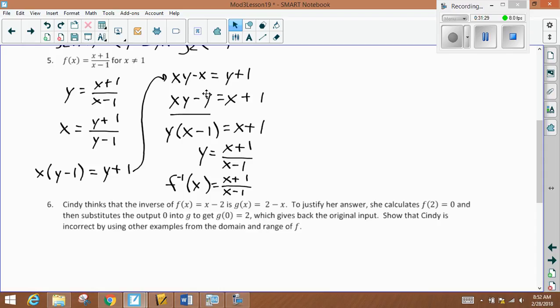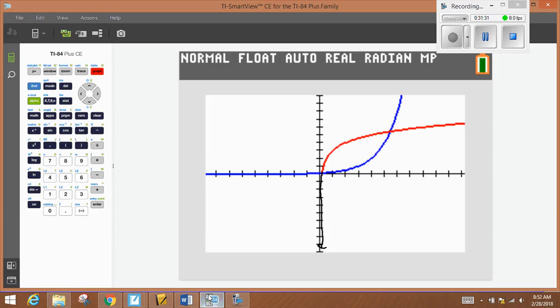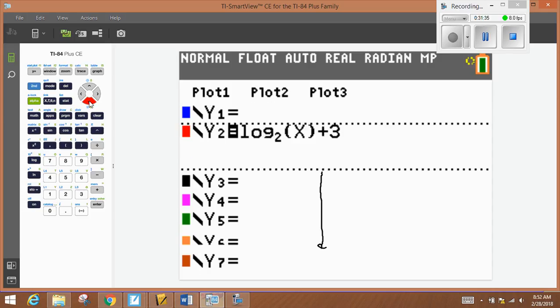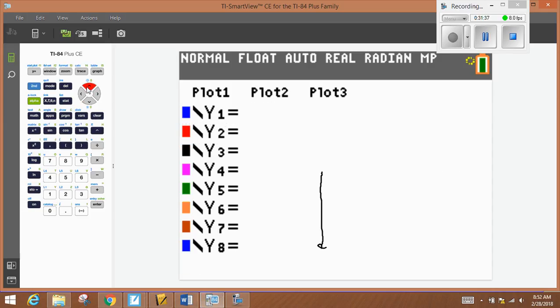Okay. Here we go. Let's go ahead and graph this. So this was x plus 1 divided by x minus 1. Is that right? I put them in parentheses because my order of operations may be violated.